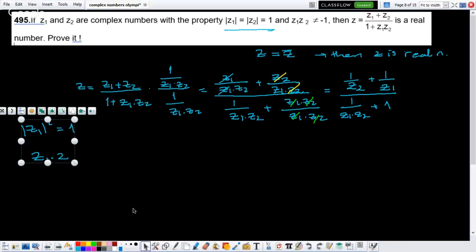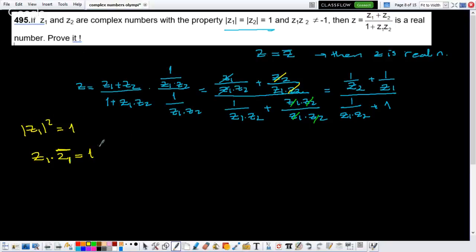I'm going to rewrite this part with a different color because this is outside the solution. Z1 module, pardon, Z1 times Z1 conjugate is equal to 1. Here, we are understanding that one. So when I see 1 here, I can write these terms like this.